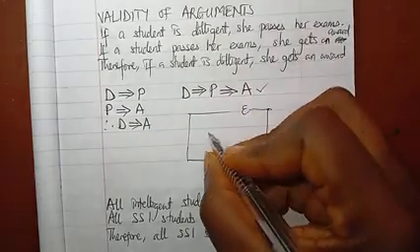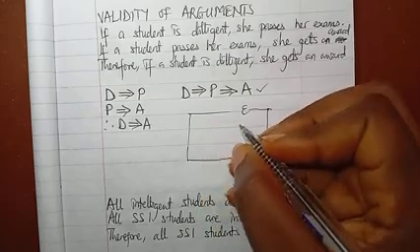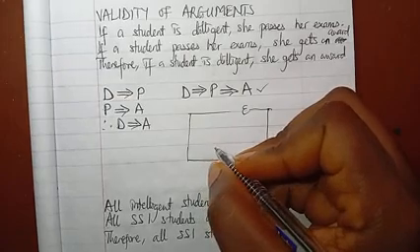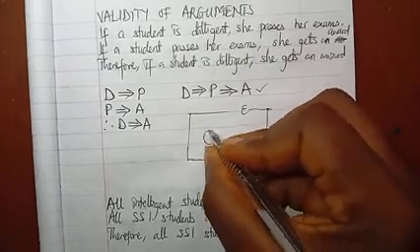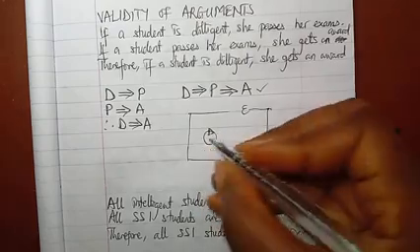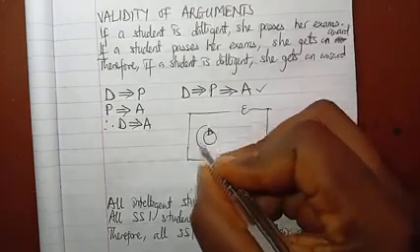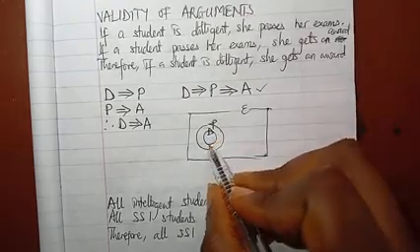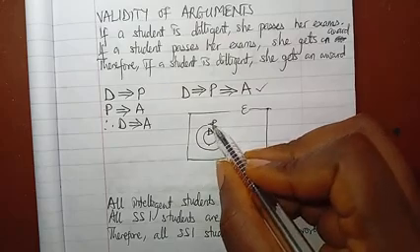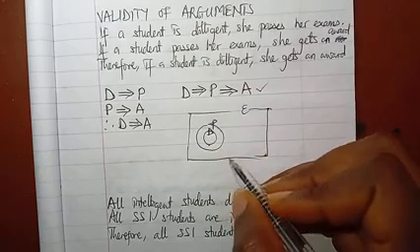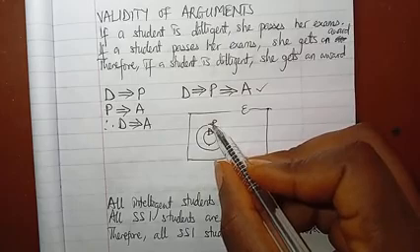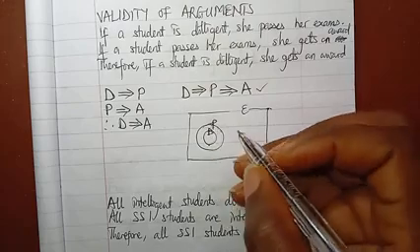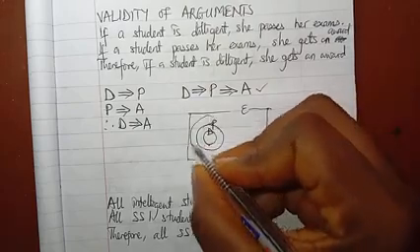Meaning that if you're diligent, represented by D, you will pass your exam, represented by P. So all diligent students are inside those people that pass their exam. And if you pass your exam, you get an award. That means that every student that passes an exam also gets an award.